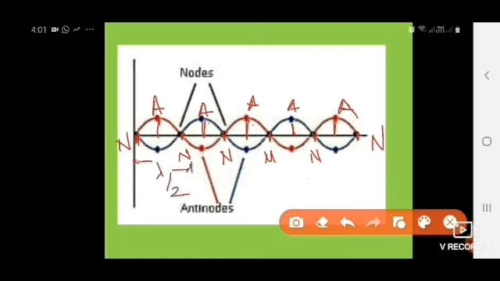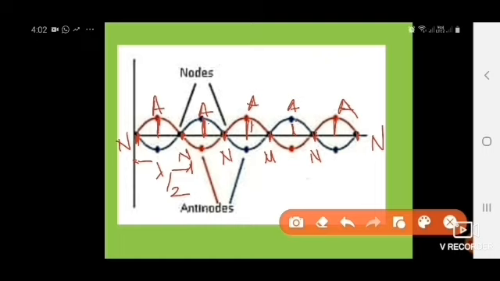Always remember that nodes and antinodes are separated by distance lambda by 2. The particles between successive nodes are in phase, and during vibration the particles between successive nodes form a loop, as shown in this figure. The maximum points are called antinodes, and the no displacement points are called nodes.